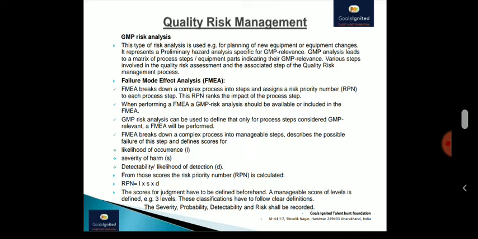So GMP risk analysis can be used to define that only for the process steps considered GMP relevant will a FMEA be performed. FMEA breaks down a complex process into manageable steps, describes the possible failure of the steps, and defines the scores for the likelihood or occurrence, severity, and detectability, and RPN is the multiplication of the likelihood, severity, and detection.